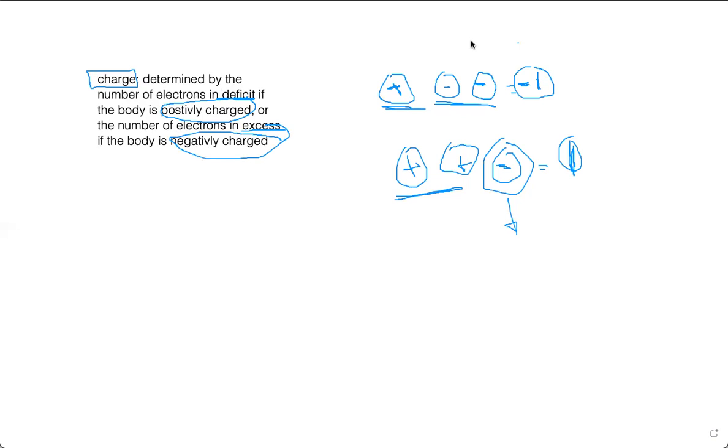So pretty simple. Another important thing is that the charge on one electron is minus 1.6 into 10 raised to minus 19. So one electron holds a value of minus 1.6 into 10 raised to minus 19. If there are two electrons, it's going to be 2 times this.